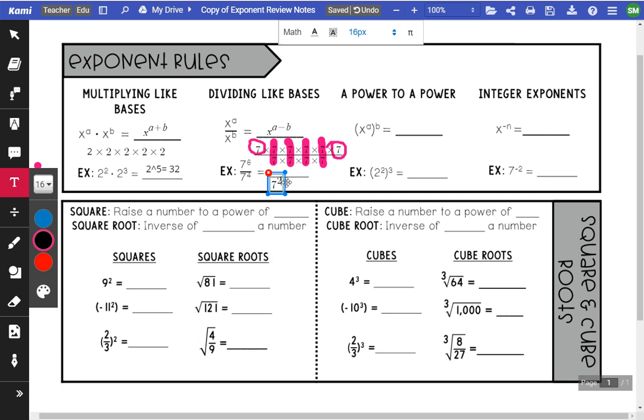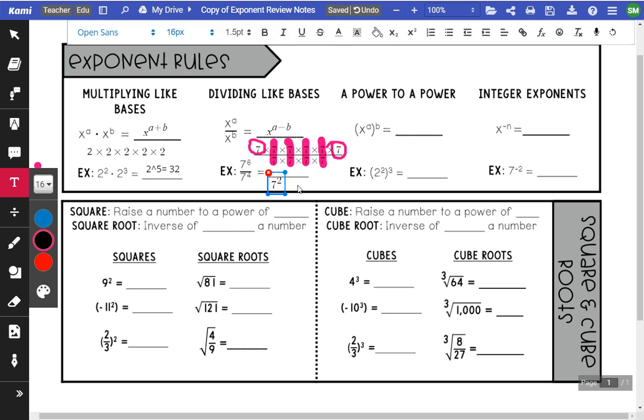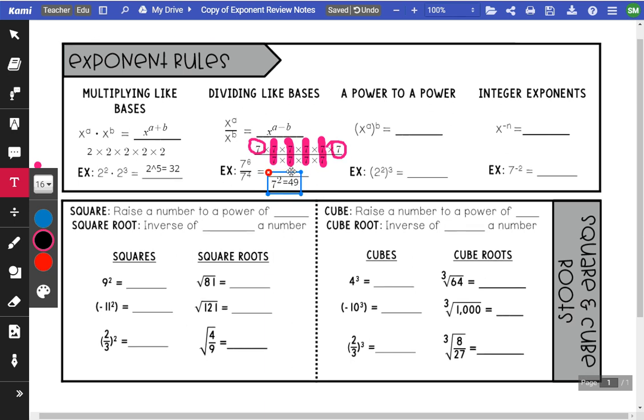I'm going to put my answer down here, which, if I multiply it out, what is 7 to the 2nd power? That would be 49. 7 times 7 is 49. So there we go. 7 squared or 49. 7 squared is what you would give if they ask for the exponential form. 49 is what you get if they ask you to evaluate.